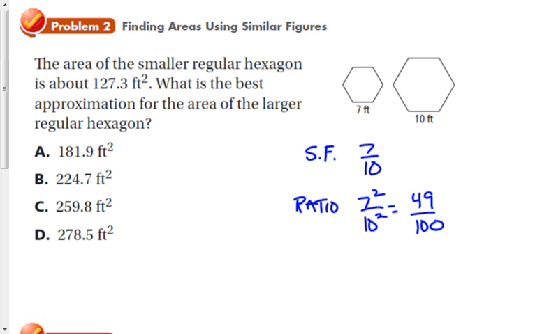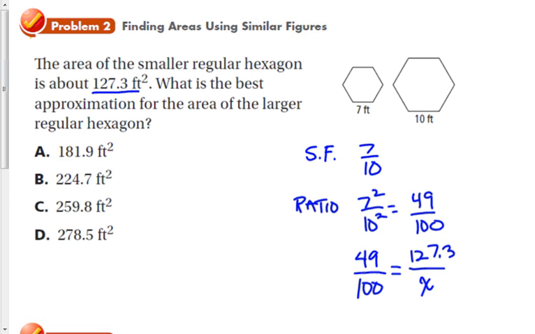And we know that the smaller hexagon has an area of about 127.3. So we should be able to find the larger hexagon's area using this ratio of the areas, 49 over 100. We'll place the area of the smaller hexagon, 127.3, with the smaller number in this ratio. And then we'll find the other area. We'll just call that x for now.